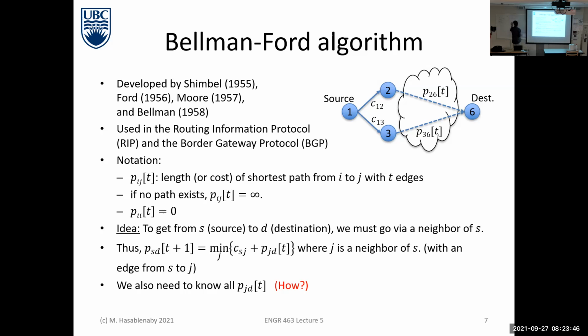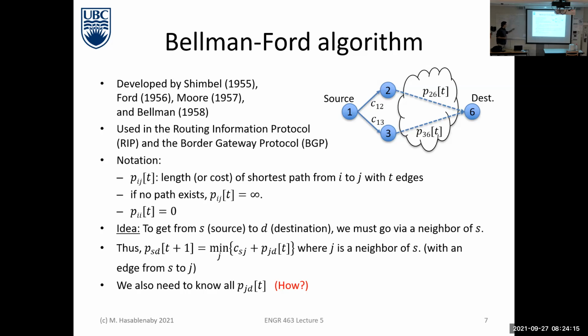If node i and node j are not connected, this value must equal infinity. And if node i is the same node as node j, if I want to go from node S and reach node S, I will not move, so the cost will be equal to 0. Is this clear for you?